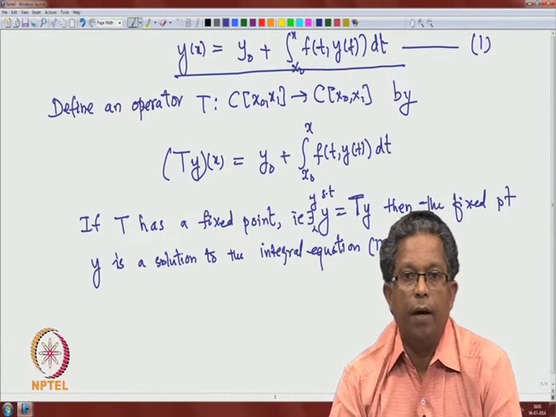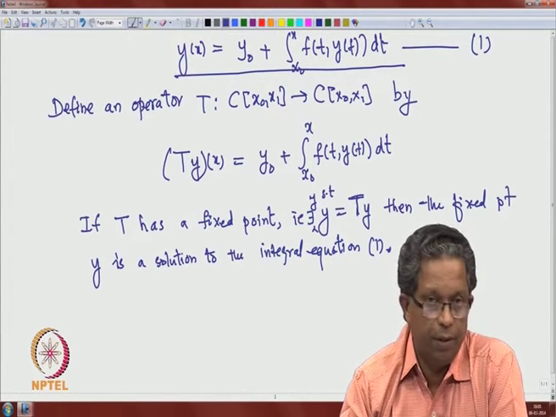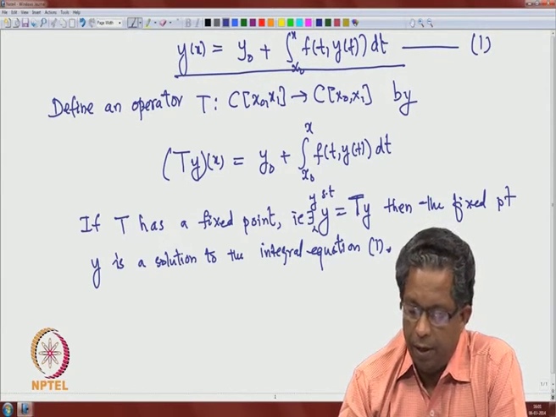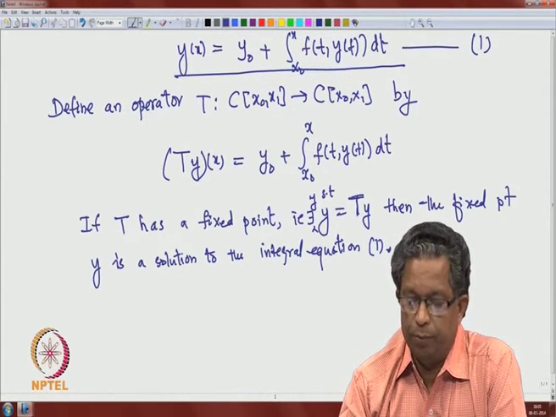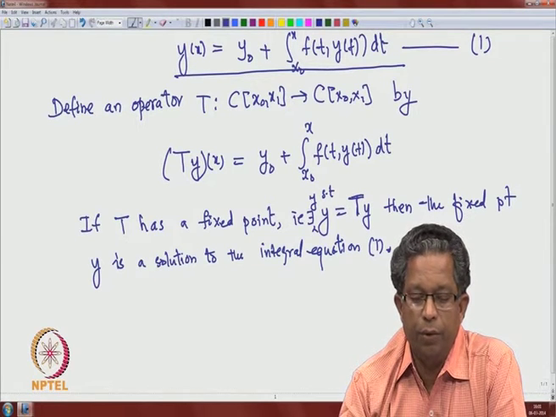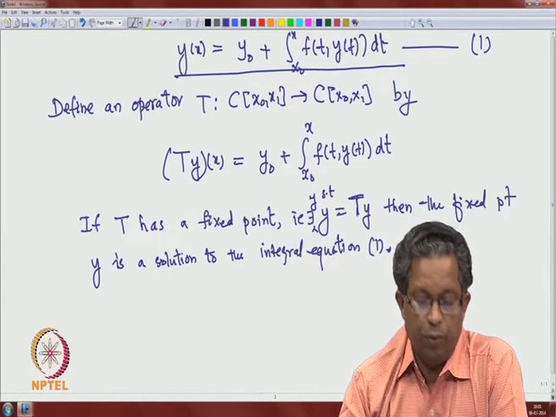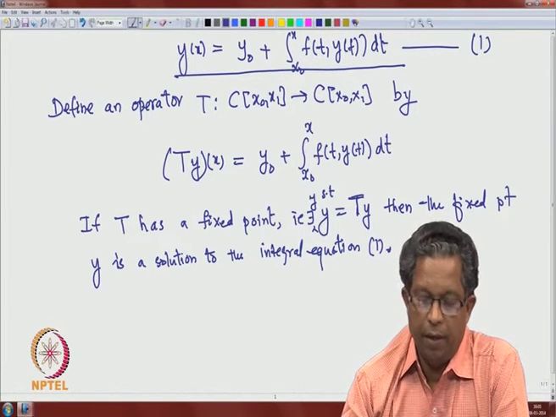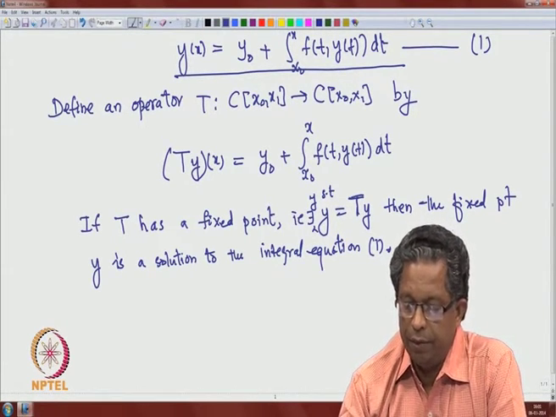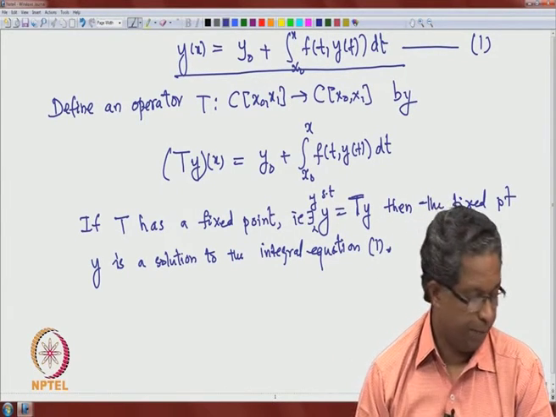If T has two fixed points, then the integral equation has two solutions. If T has a unique fixed point, then the integral equation has a unique solution. If the integral equation has a unique solution, then the initial value problem has a unique solution. So, there is an equivalence between the solution of the initial value problem and the integral equation.